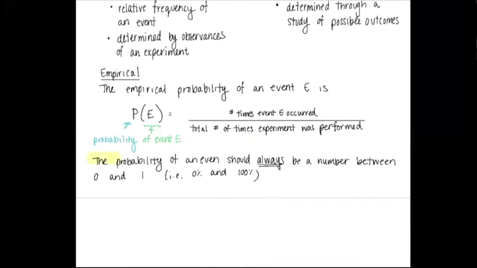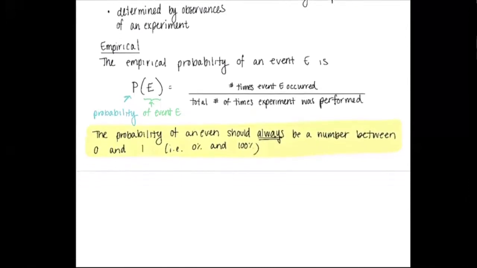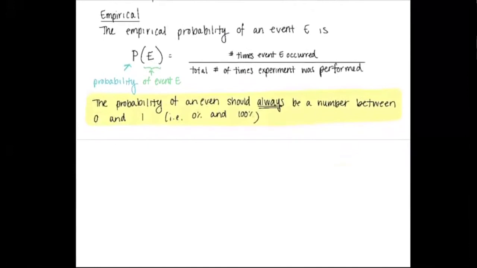If you get something different, you've made a mistake somewhere. Because I should not have a 150% chance that I'm going to roll a 7 on this die. Doesn't make sense. Okay. Feel okay so far?